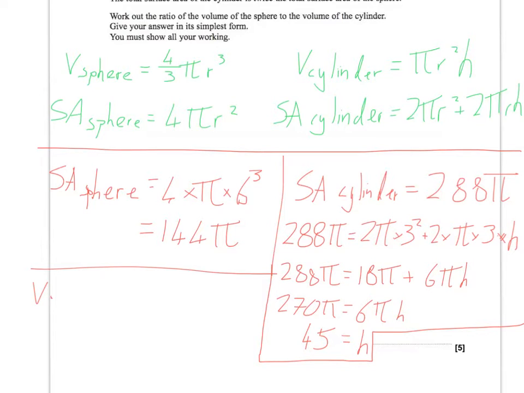So the volume of the sphere is 4/3 pi times 6 cubed. I just realised that's a cubed up there. It should have been a squared. I was using my notes so it didn't come out as obviously wrong, but let's just rub that out.